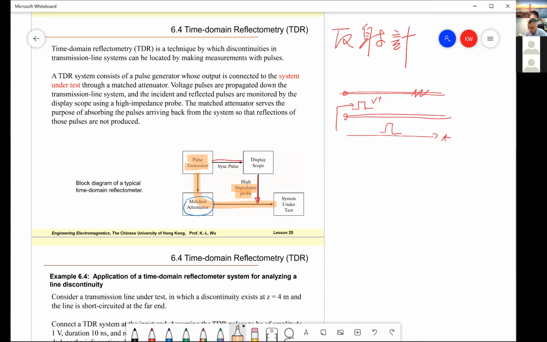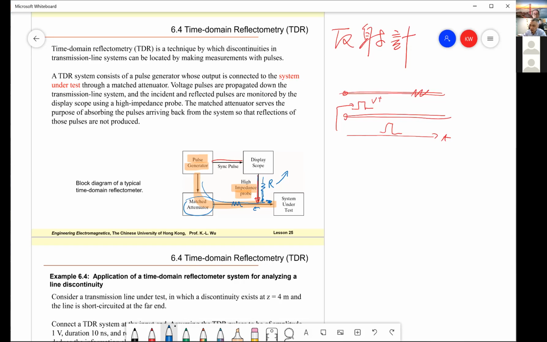Because on this side you must have impedance. As long as you have a current, you must have impedance, right? So this becomes a current divider. If you have high impedance, that means the original current goes through, and this probe is a detector, but no actual signal goes into the display.